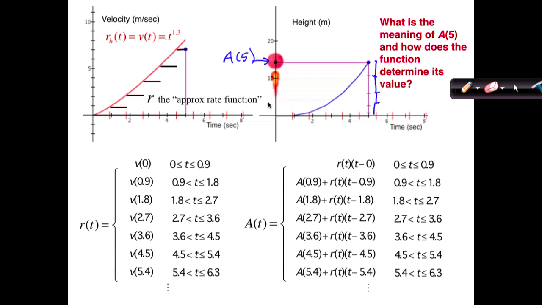Okay, so if we want a one-line accumulation function, we don't want it to look like this. We don't want it to have to keep going back to the previous line. We want to just write a calculation for A of 5 in one line. Can we do that? We should be able to do that. Just follow the math.